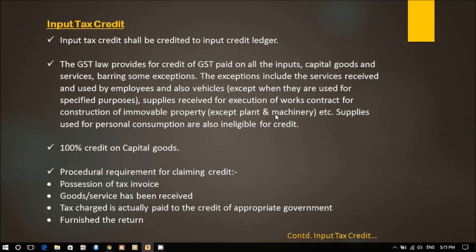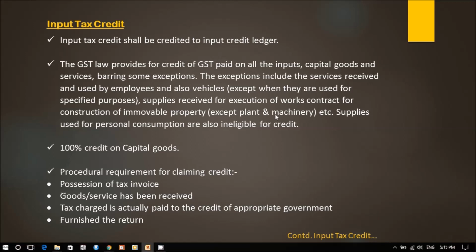It's a little bit harsh because this says if Mr. X sells goods to Mr. Y for 100 rupees and the amount of the GST is 10 rupees, Mr. Y paid 110 rupees to Mr. X, then Mr. Y would not be able to take the credit of this 10 rupees until and unless Mr. X deposits the same with the government.